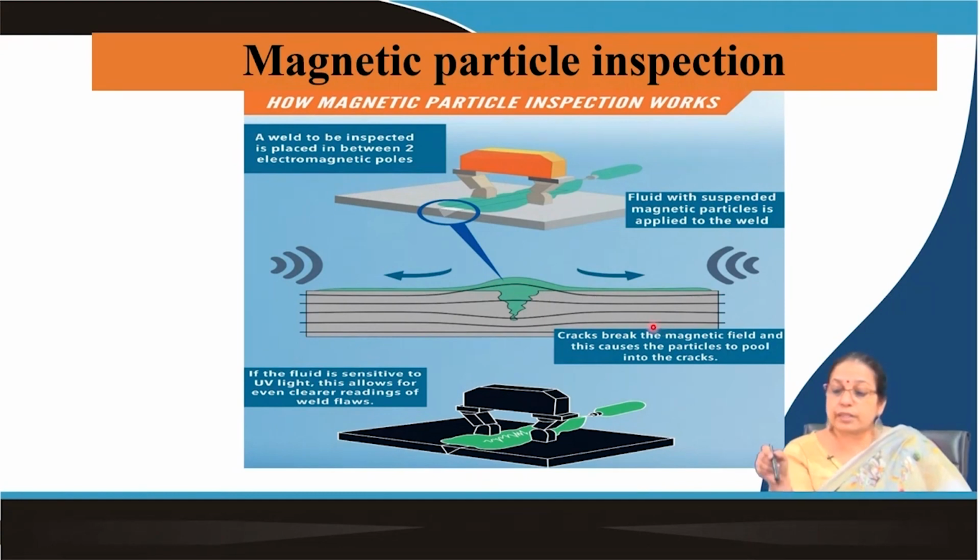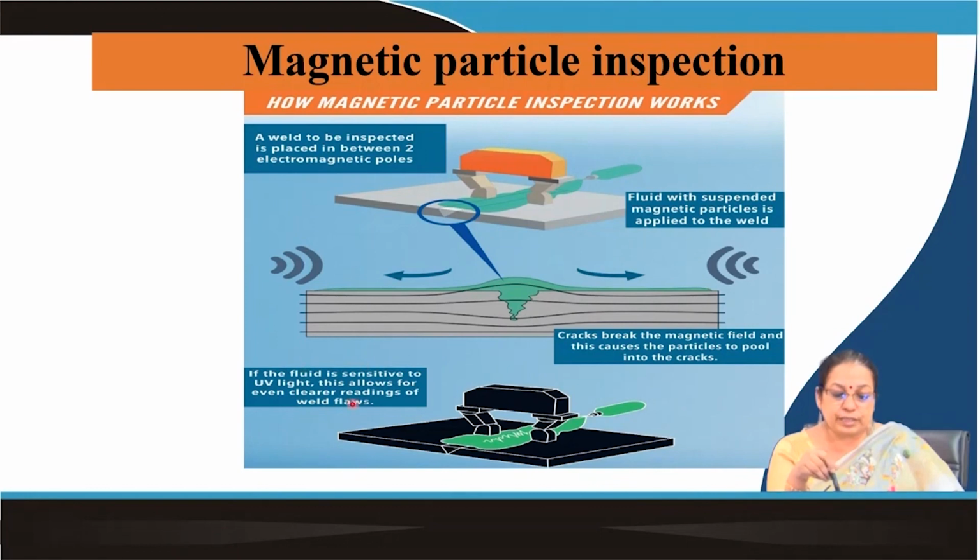In this case, people use either loose magnetic particles in the form of powder, or suspended magnetic particles, which are applied on the weld zone. Cracks disturb the magnetic field, and this causes the particles to pull into the cracks if cracks are there.